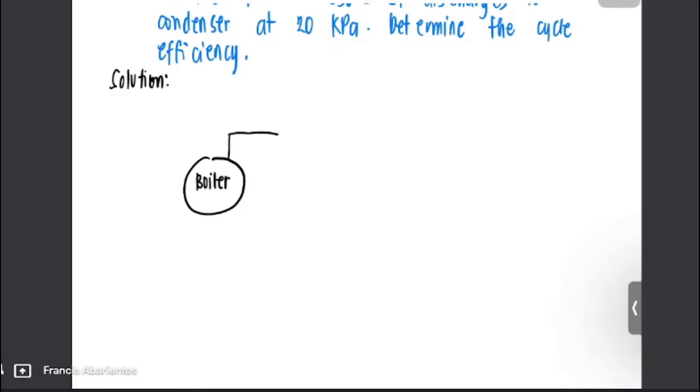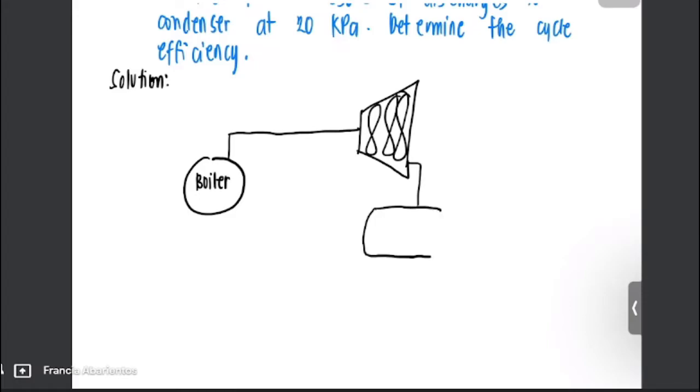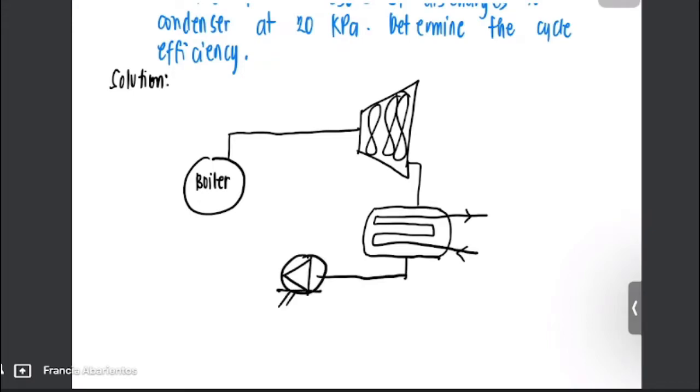Here the boiler, the turbine, so close the condenser, after that the pump. From point 1, 2, 3, 4.